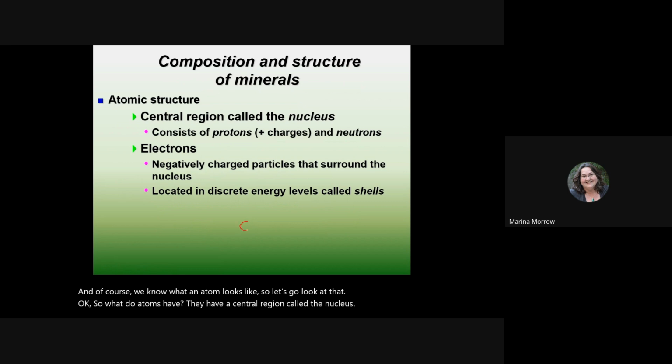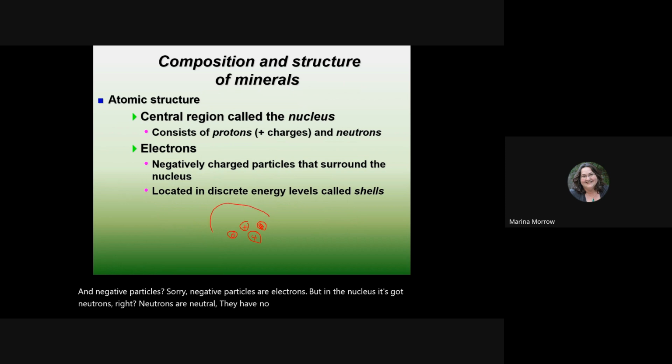In the nucleus, it has positive particles, protons, of course, and negative particles. Oops, sorry. Negative particles are electrons, but in the nucleus, it's got neutrons, right? Neutrons are neutral. They have no charge.